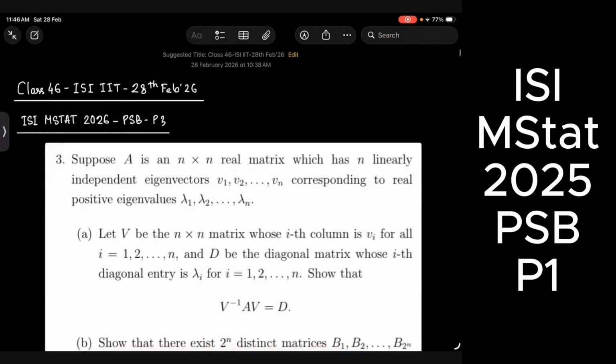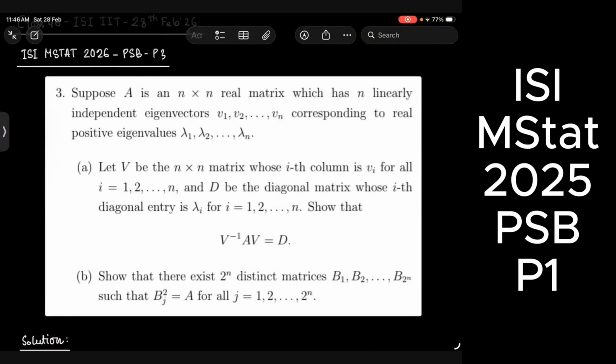So, have you seen this question before? Anyone? Have you seen the ISI PSB paper of the previous year? Shantani, have you tried solving it? Yes, but I haven't solved this one.